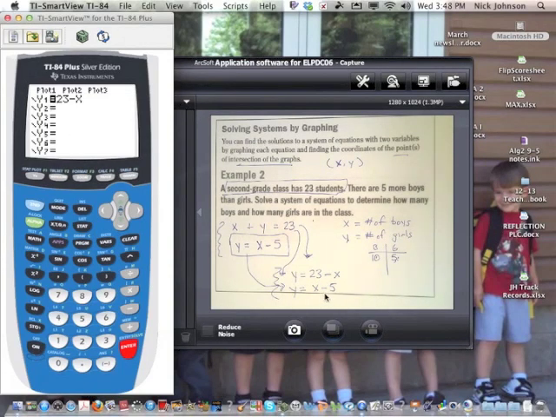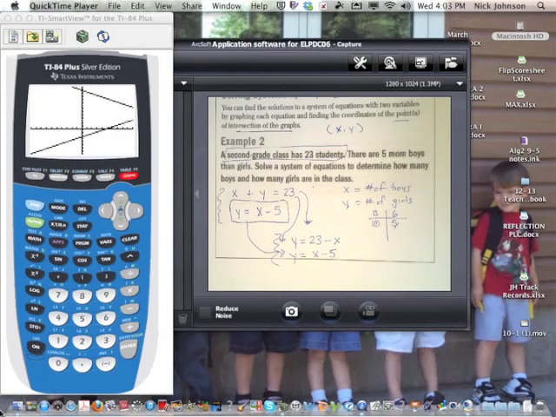I'm going to type this into my y2: x minus 5. Now, because my y-intercept is 23, you might want to make your window bigger than 23. So I need to make my y max like 25, just so I can see the whole graph. I'm going to hit graph.